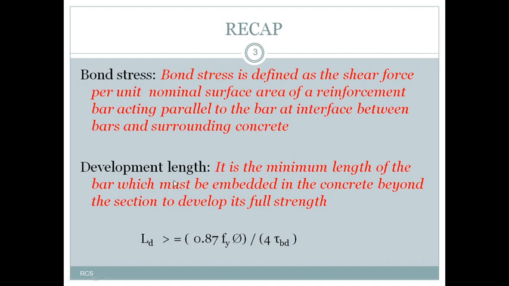So this development length can be calculated by using the formula. It is represented with Ld. Ld is greater than or equal to 0.87 Fy phi by 4 tau bd. Here Fy is the yield strength of the steel, phi is the diameter of the bar, and tau bd is the bond stress, and this basically depends upon which type of reinforcing bar you are using, like Fe415 or Fe250, and in which zone of a member you are placing this reinforcement, that is, compression zone or tension zone.